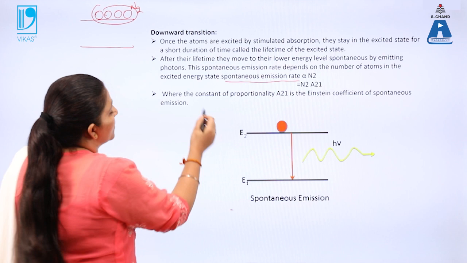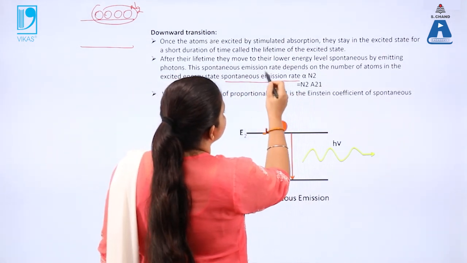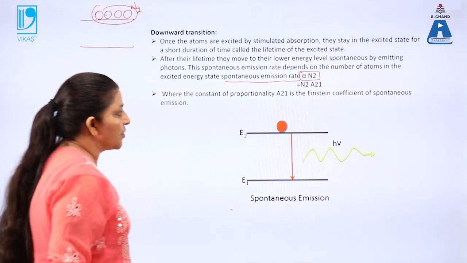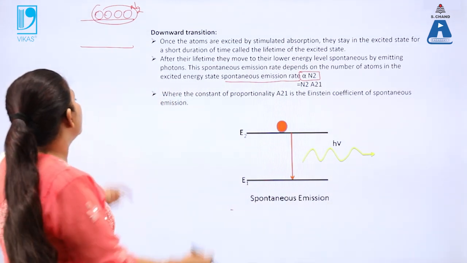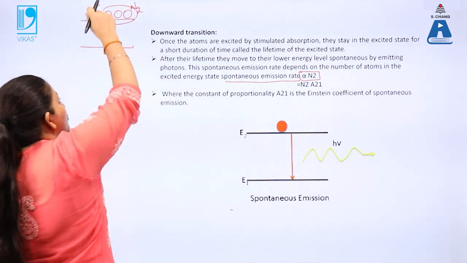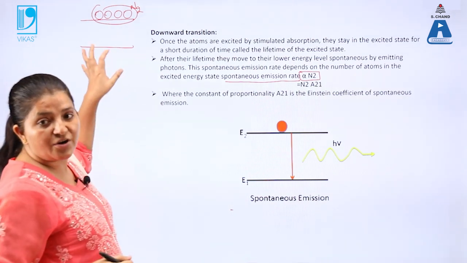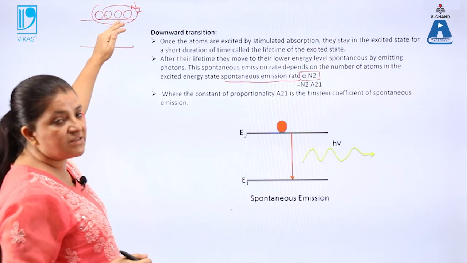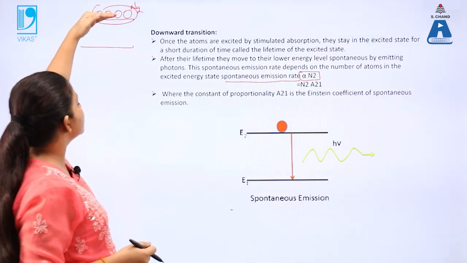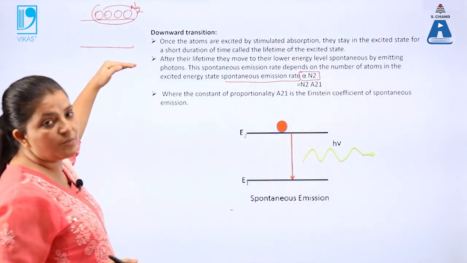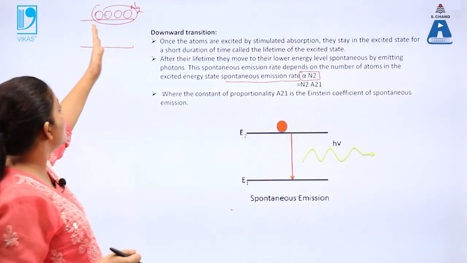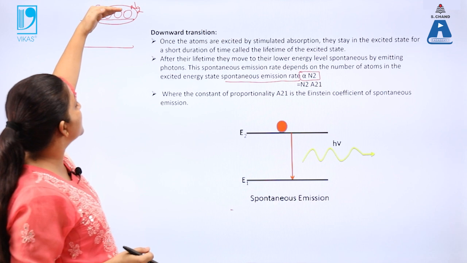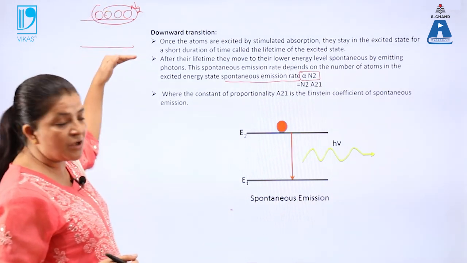In this case, the spontaneous emission rate is proportional only to N2, because there is no need to consider the energy of the photon, since no radiation is absorbed by these atoms. These atoms will move from the excited state to the ground state on their own, and they will release some amount of energy equal to the difference between the energy of the excited state and the ground state.